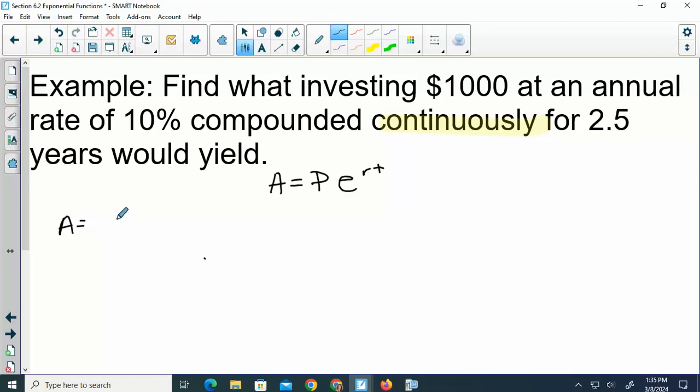A is what we are going to have later on, so I don't know that one. P is what we have right now, which is 1,000. Our interest rate is 0.1. Our time is 2.5.